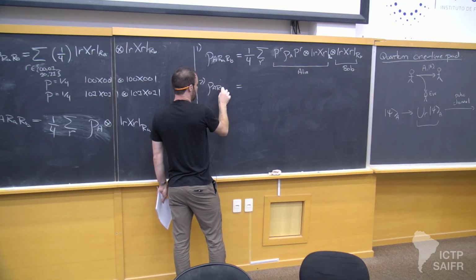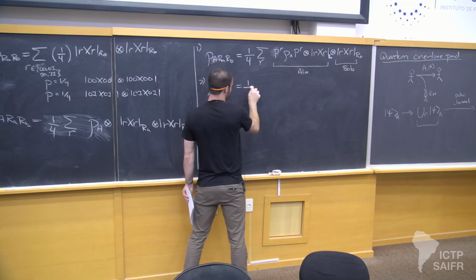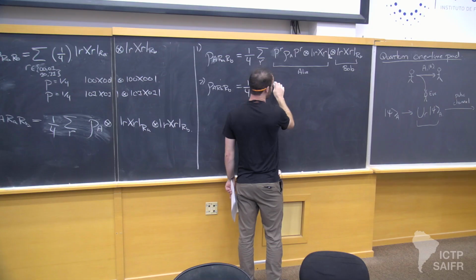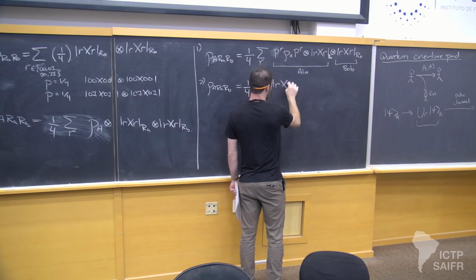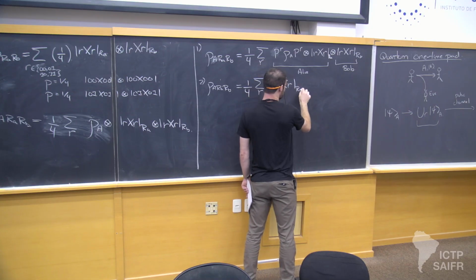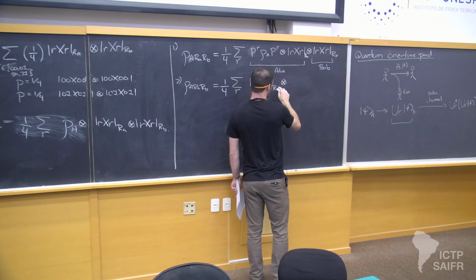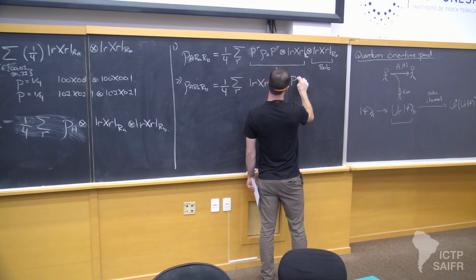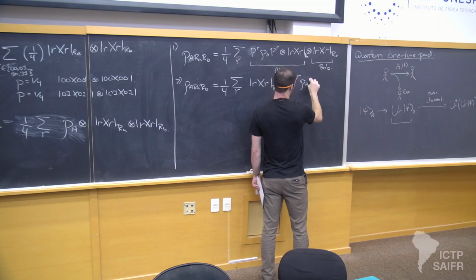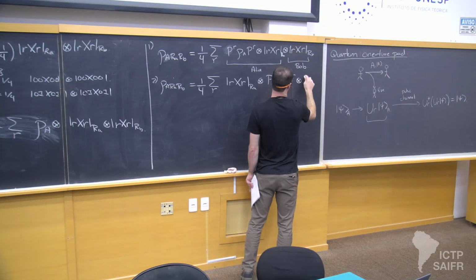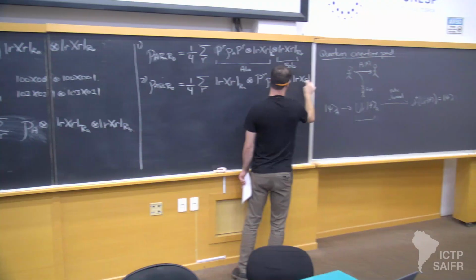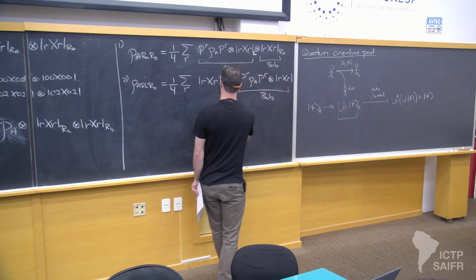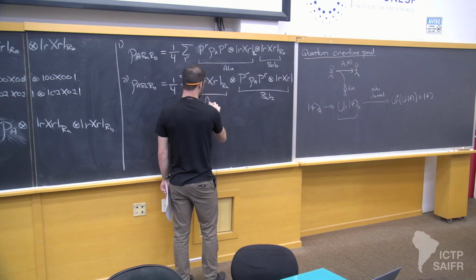After step 2, I'm just going to write this in a different order. I haven't really evolved the state at all. I'm allowed to write this in whatever order I want, and I'm going to use that just to emphasize something. Okay, so now Bob has this, and Alice has this.